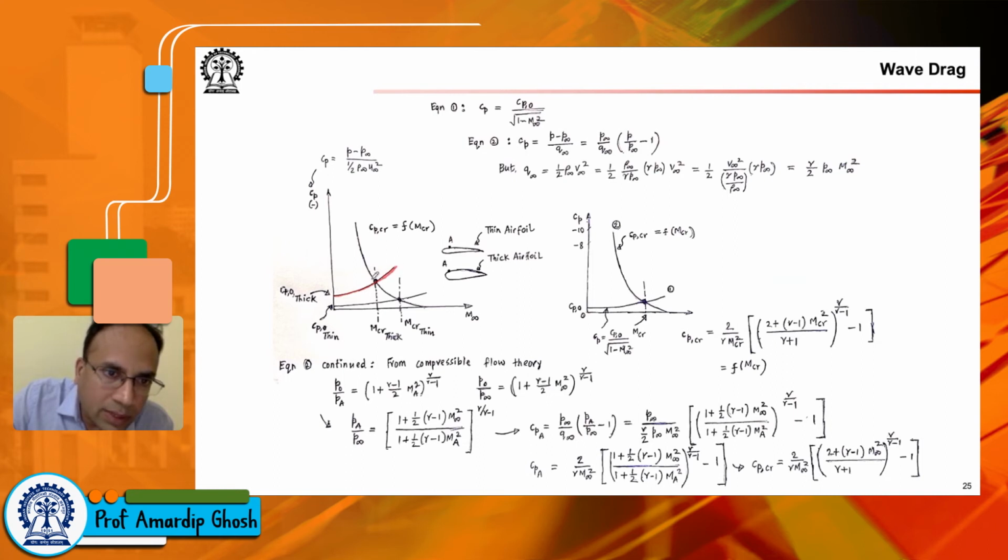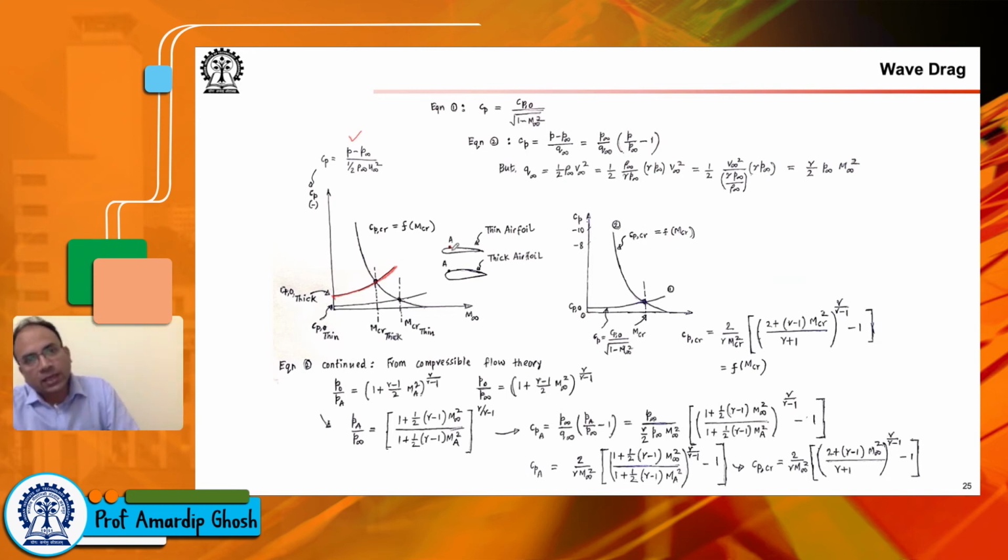Remember how to get it? Cp is given by P minus P infinity divided by half rho infinity U infinity squared. So what you do is you find Cp, say, at a point where the maximum velocity or maximum Mach number occurs.